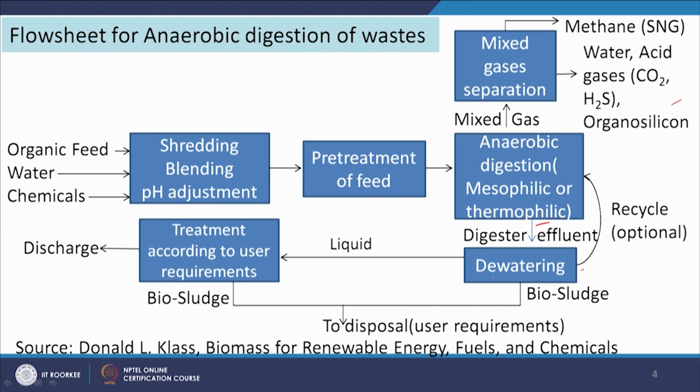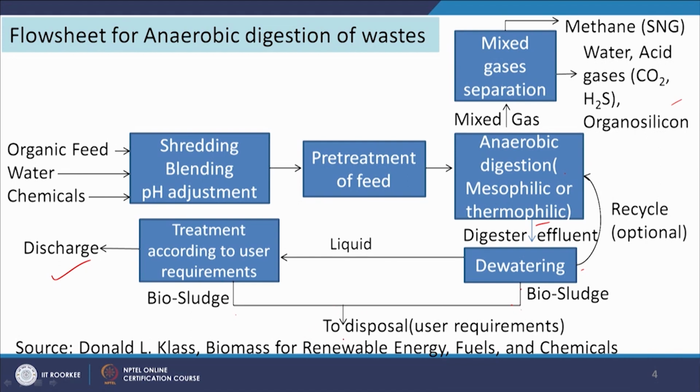After dewatering we will get a liquid and a sludge. The liquid will be treated and then discharged or used for different applications, and some part of the sludge will be recycled for maintaining the microbial biomass here. The liquid part will be further treated, and here also there will be some biosludge generation.